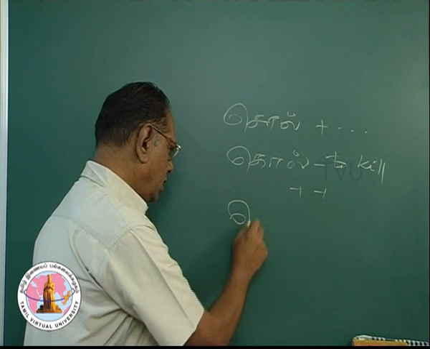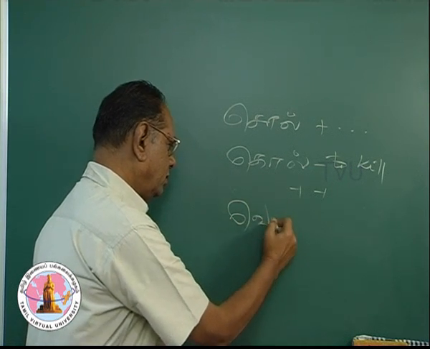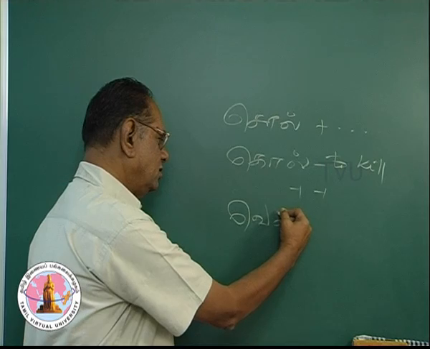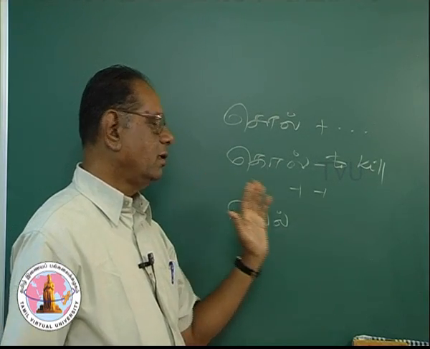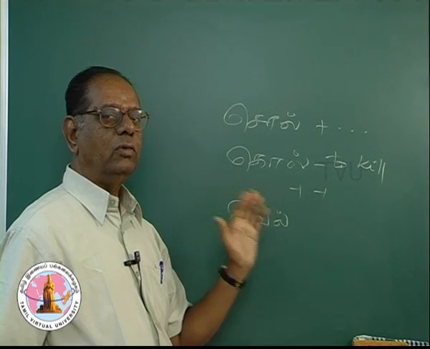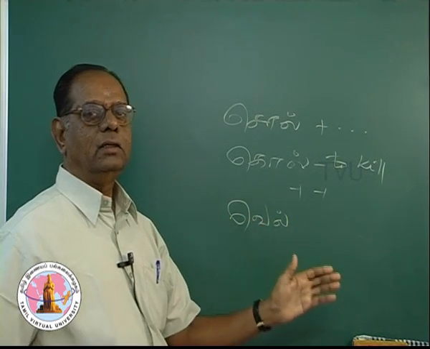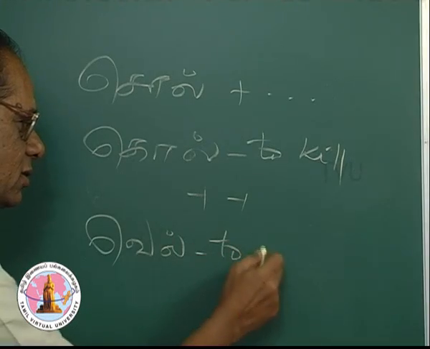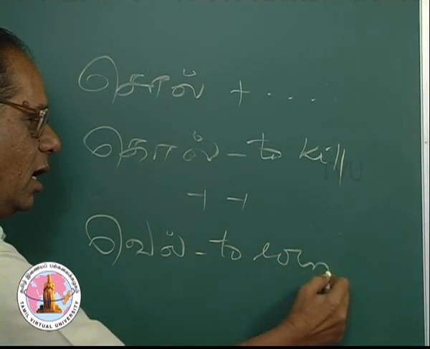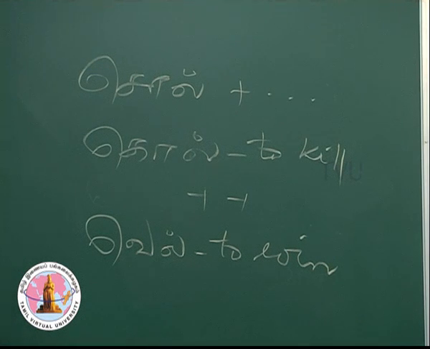And let us have one more verb of this type where the combination goes very smoothly without any change. Vel is to succeed or win. So, vel plus kiru plus yen, velgirain.